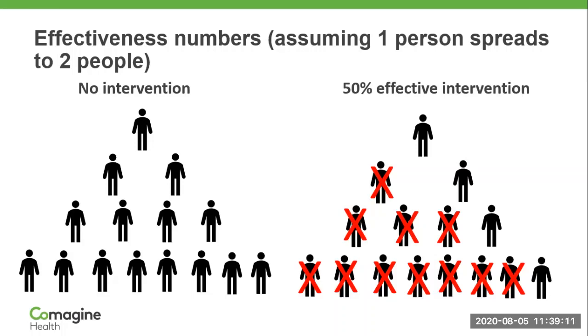My point here is that you shouldn't dismiss things that are not 100% effective, because any reduction in transmission risk is going to be more effective when you look at it from the perspective of reducing the logarithmic scale of what's happening now. Next slide.